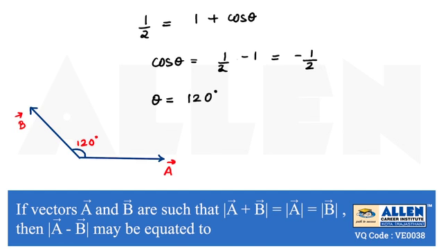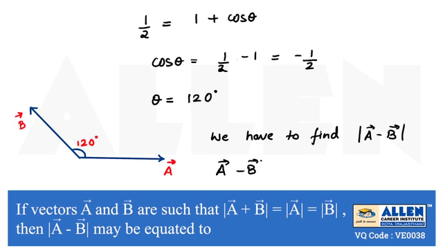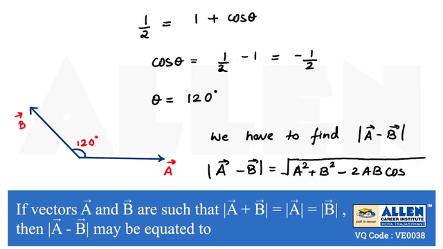Now, further, we have to find the magnitude of a vector minus b vector. For solving this, we will use a formula, given as the root of a square plus b square minus 2ab cos of the angle between a vector and b vector, which are being subtracted.